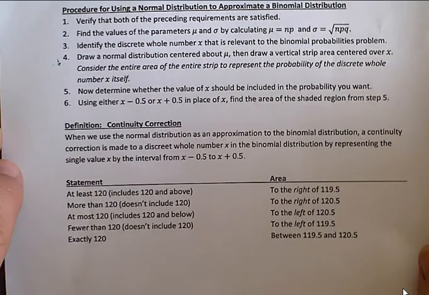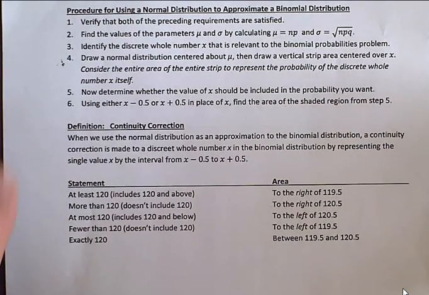So they're going to use some terminology, and be careful about the terminology, because what this terminology does is it identifies greater than, less than, or between situations. The same situations we've been dealing with all chapter long. So if the problem reads at least some value, in this case at least 20, that means 20 and above.